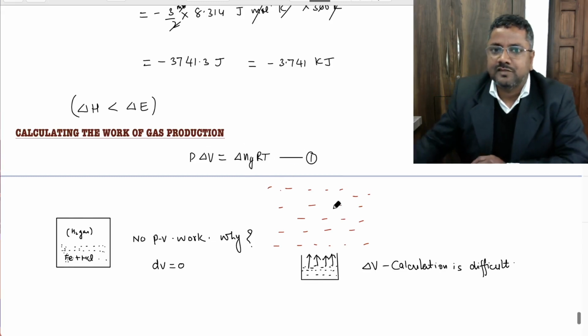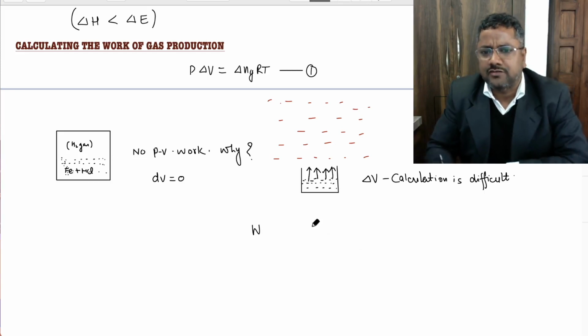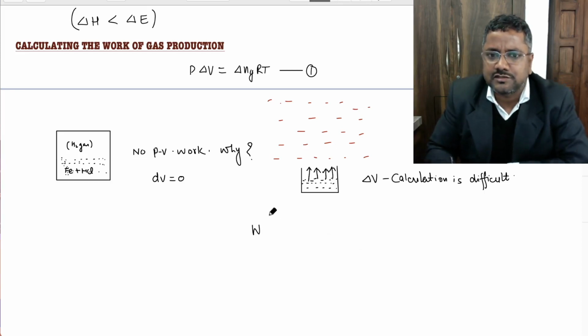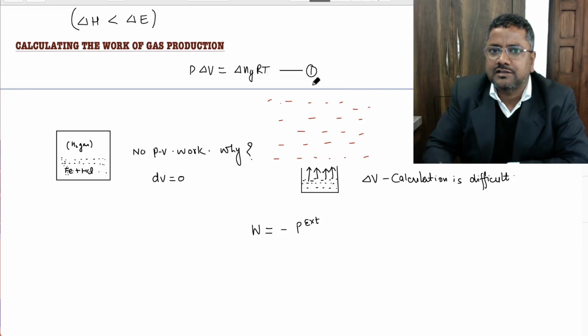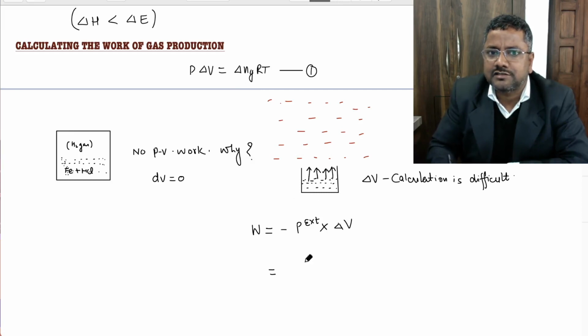No problem. So in such type of cases, we can assume this a very slow process, reversible. So this work is equal to minus P external, this atmospheric pressure, into delta V, and this we can replace with delta NgRT, minus delta NgRT.